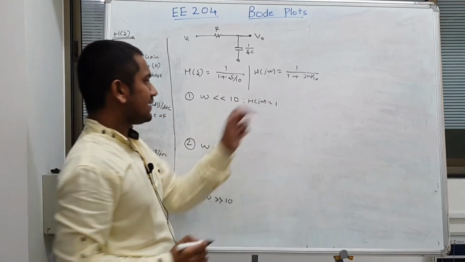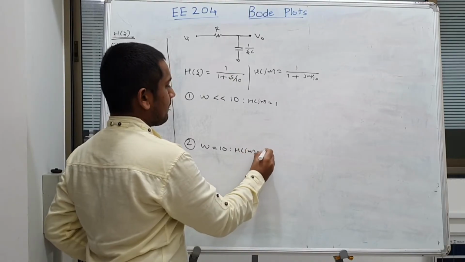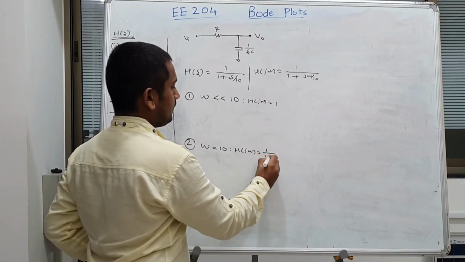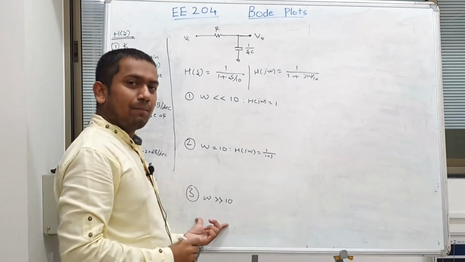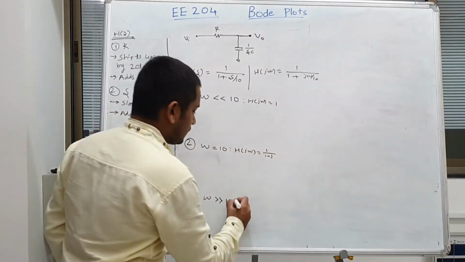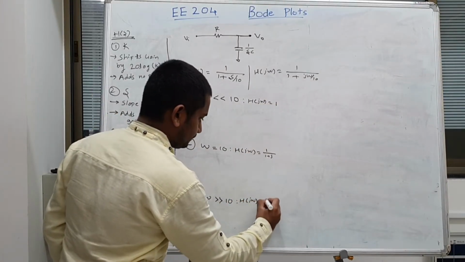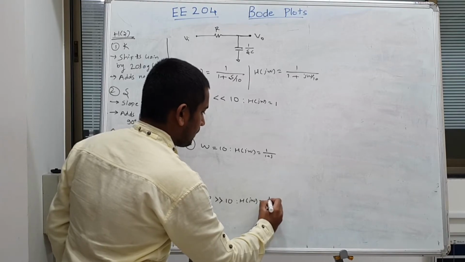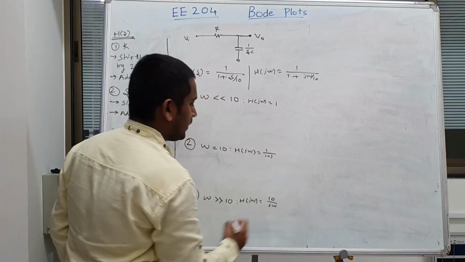When ω is at 10, H(jω) becomes 1/(1 + j). And when ω is much greater than 10, the second term dominates and H(jω) will become 10/(jω).